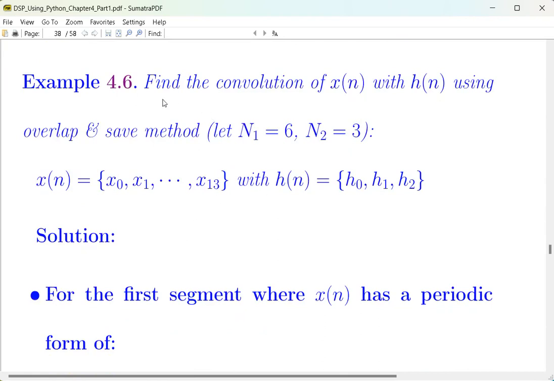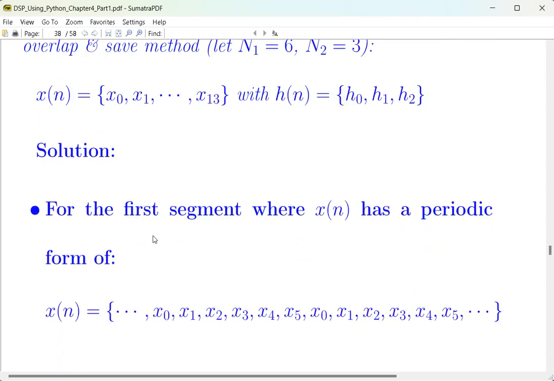Now, a very important illustration of the idea. Find the convolution of x of n with h of n using the overlap and save method. Let n1 be equal to 6 and n2 again 3. X of n has been chosen as x0, 1, 2, 3 up to 13, with h of n being equal to h0, h1, h2.